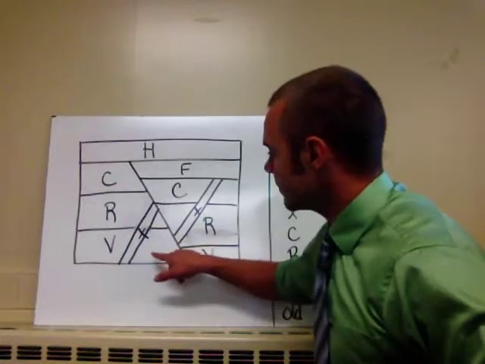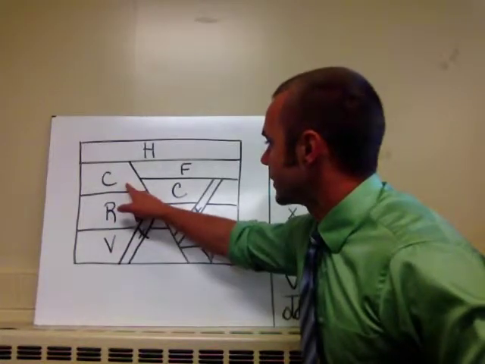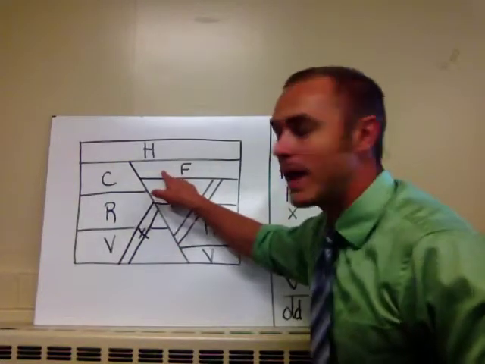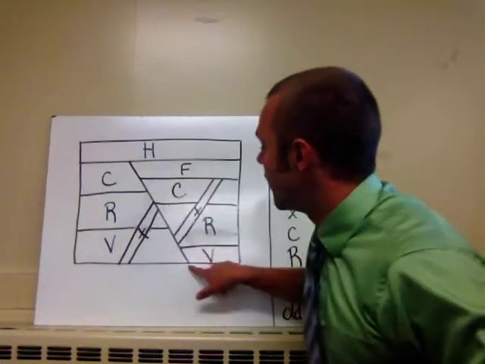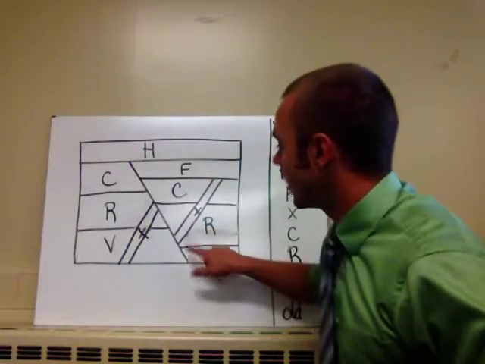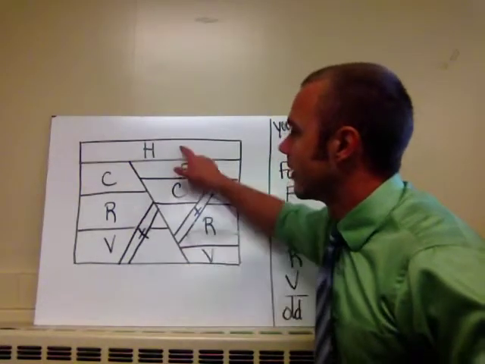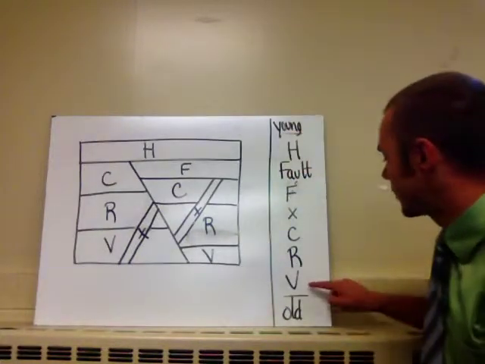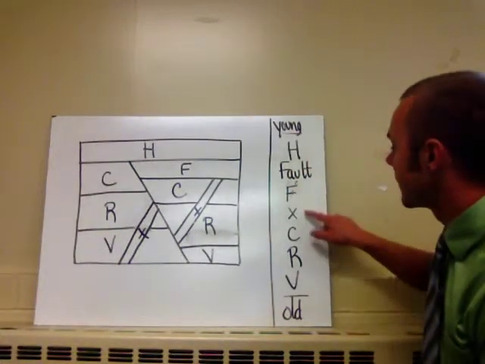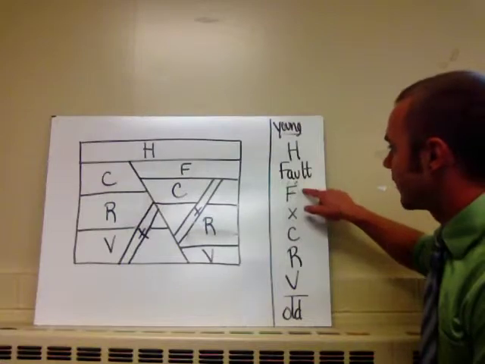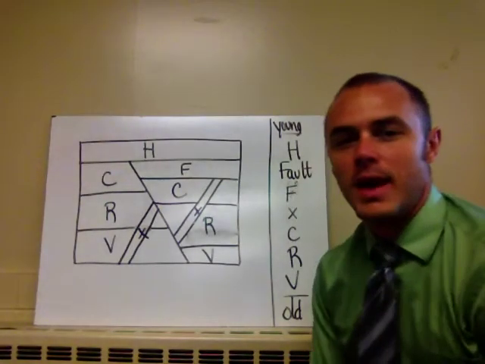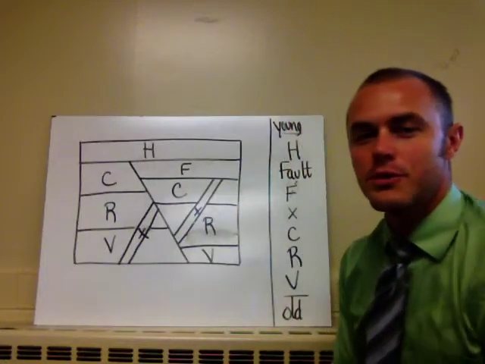So we go V, R, C, X, then F, then we have our fault because the fault cuts through all of this below us, and then H has been undisturbed at the top. And so here's the sequence: V, R, C, X, F, fault, H. And that covers it for stratigraphy.